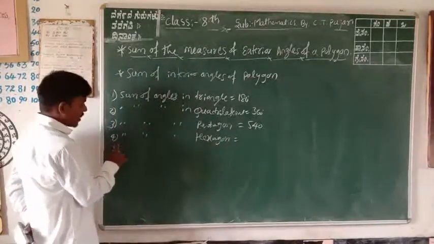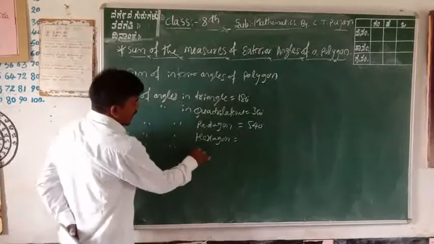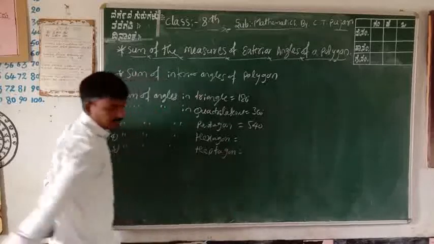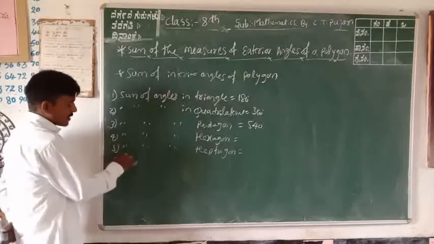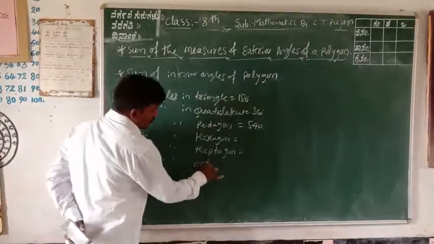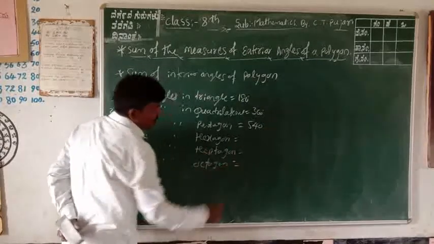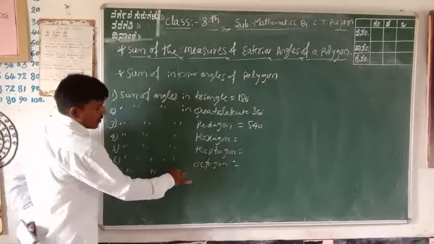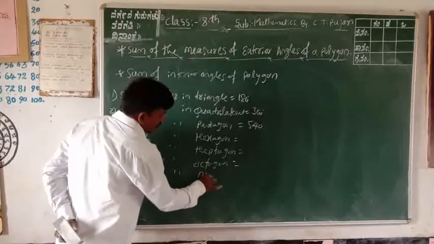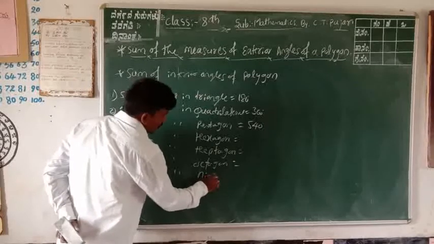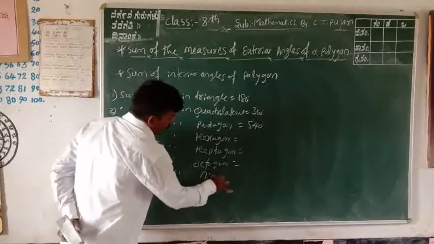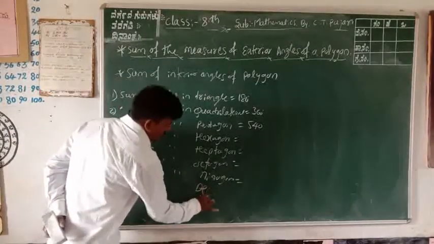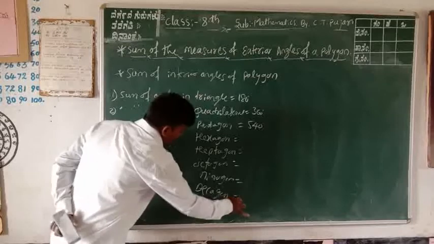Next, fifth one, sum of all angles in the heptagon. How much is that? Next, sum of all angles in octagon. Next, also nonagon. Next, decagon. You can find that out also.